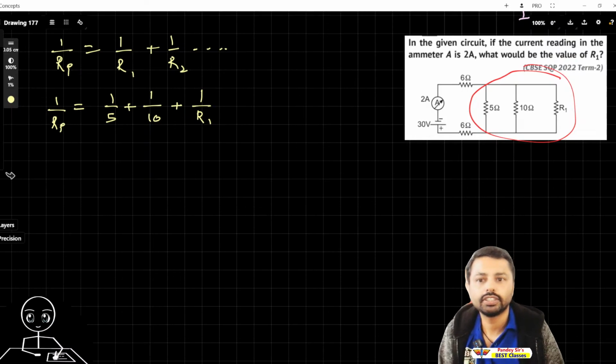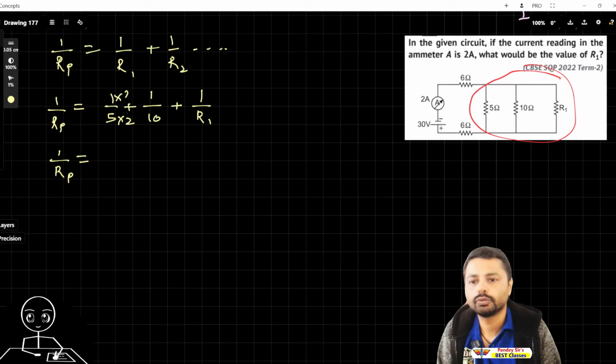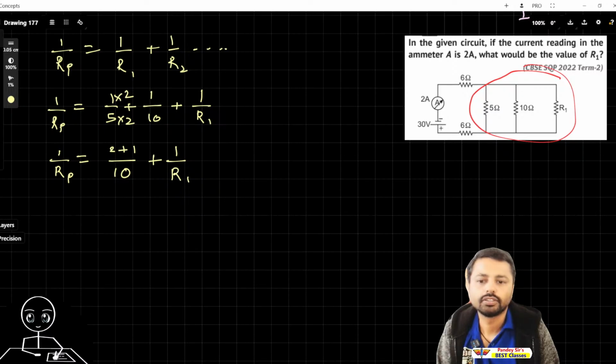Okay, that we need to find out. So 1 by Rp equal to, let's do the LCM thing, into 2. Okay, into 2. So that will become 2 over 10 plus 1 by R1.